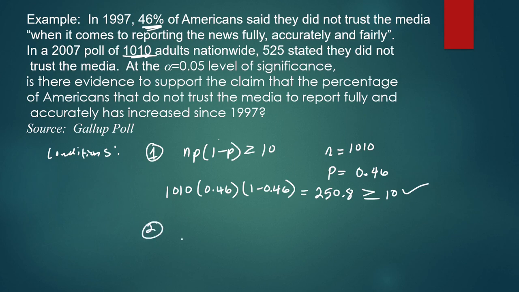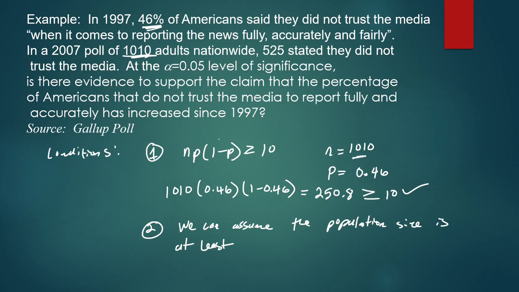Condition 2, we're just going to write a sentence again. We can assume the population size is at least, I'm going to take the sample size 1010 and multiply by 20, and that will give us 20,200.